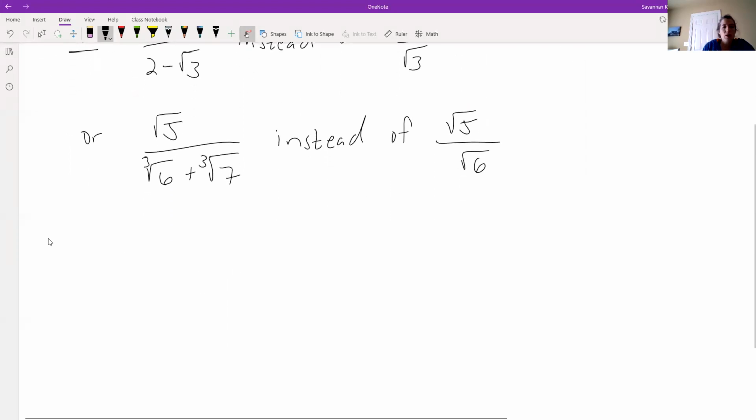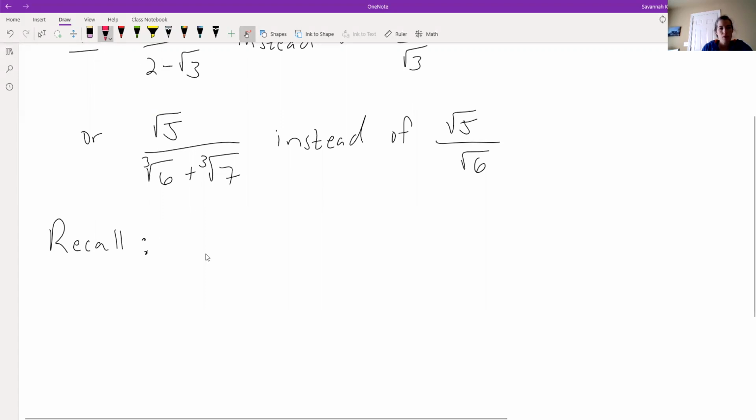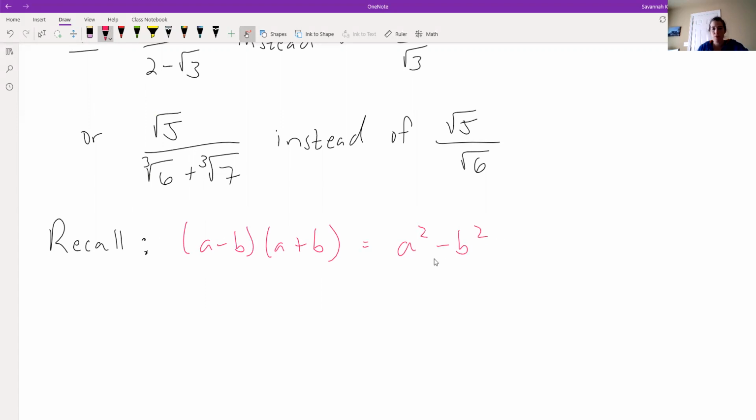Okay, so what we are going to have to recall is a formula that we memorized back in chapter, I guess it was 6. If we have a minus b times a plus b, that equals a squared minus b squared.